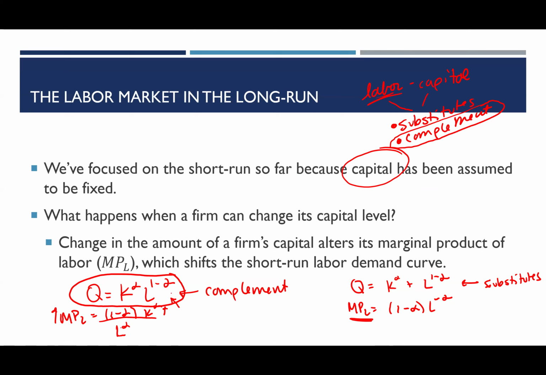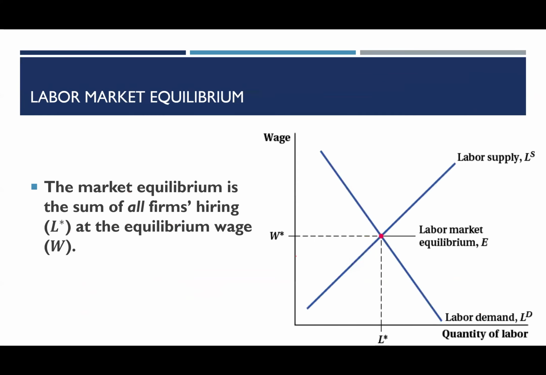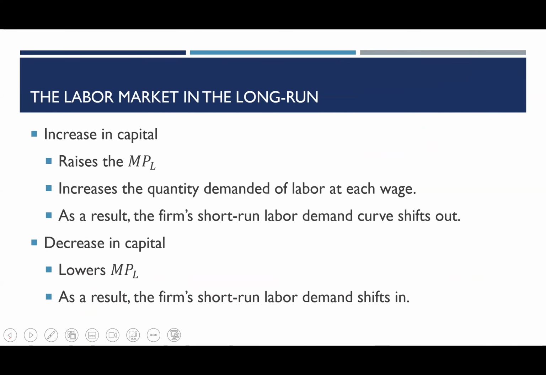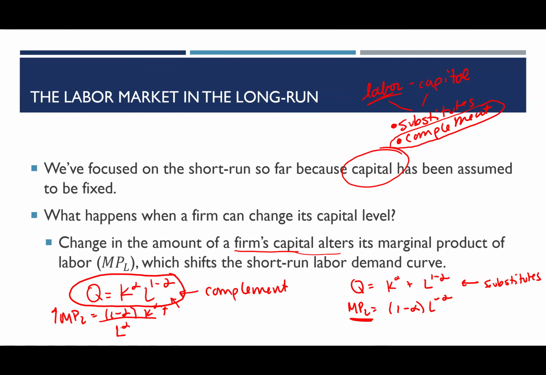Okay. So we're going to note primarily that, as I've pointed out here on the slide, as the amount of capital hired changes, it's going to affect labor's marginal productivity and thus shift the firm's labor demand curve.